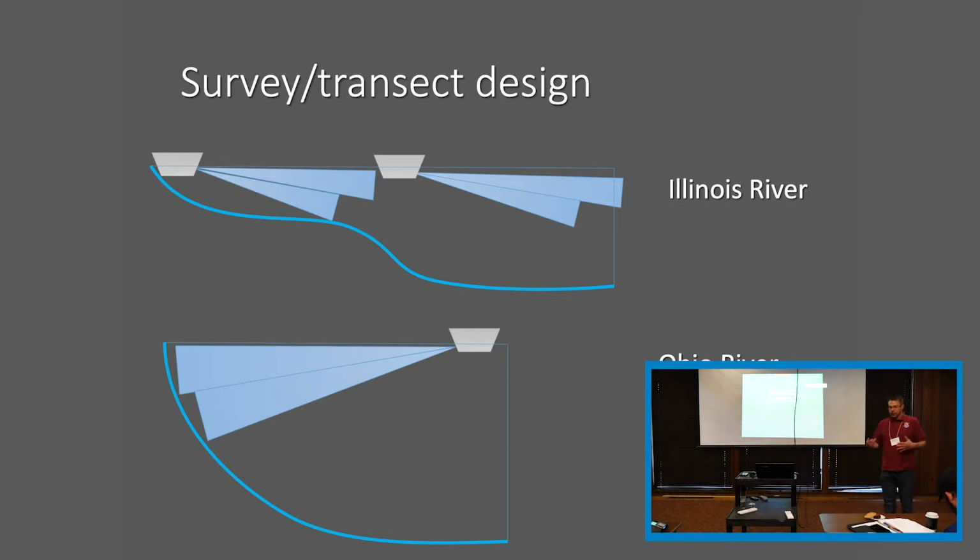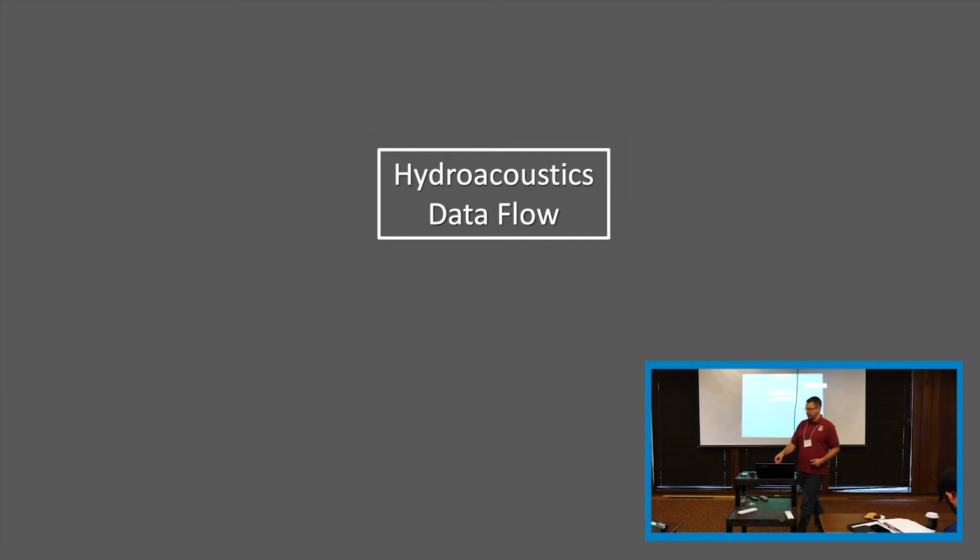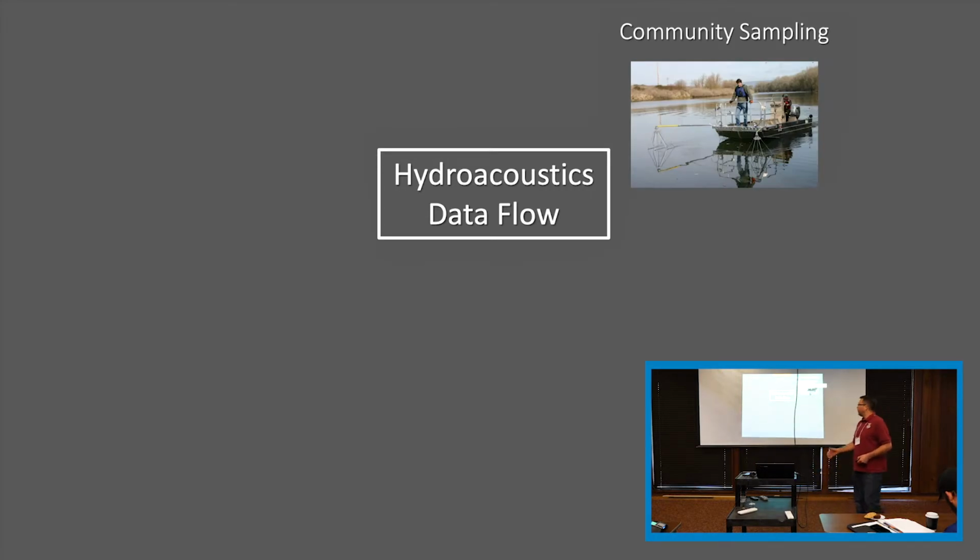So just to kind of give you an idea of how this data flow would occur for estimating density, we would first have some information about the community based off of standardized sampling that most of us are familiar with. Electrofishing, gill netting, multiple gear assessments will be best.